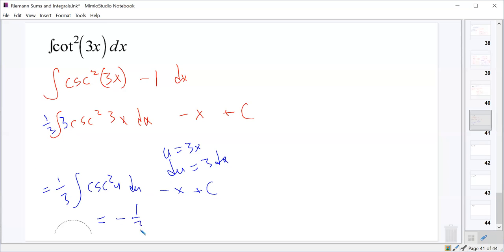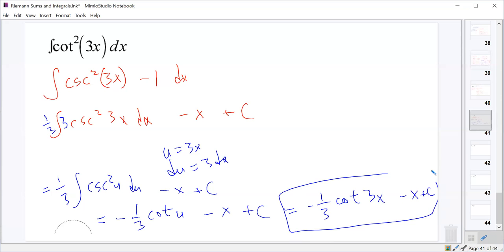Should be negative cotangent. And technically we get a second constant in there, but a constant plus another constant is just a constant. So we'll just keep one constant there. We got negative 1/3 cotangent of 3x minus x plus a constant.